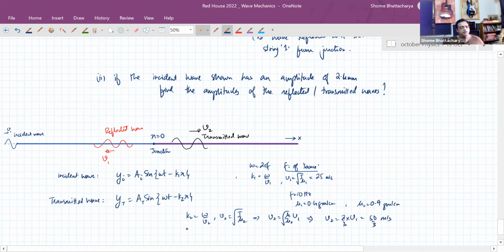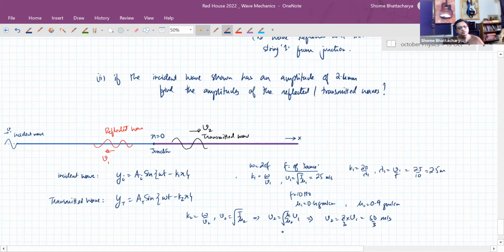This also tells me that k1 is equal to 2 pi by lambda 1, where lambda 1 is v1 by f, 25 by 10, or 2.5 meters.